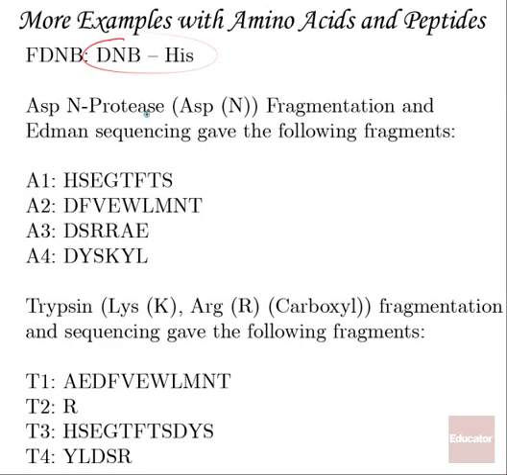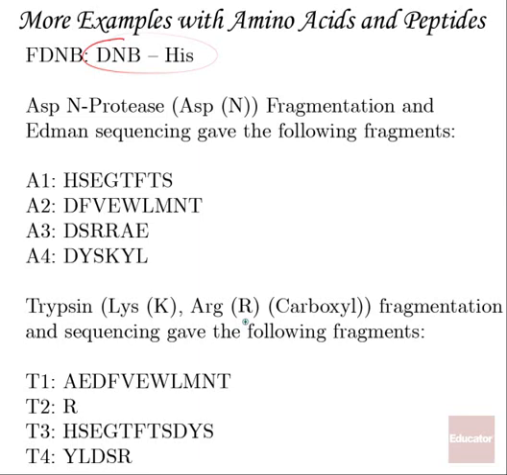And then we took an intact protein and subjected it to a second fragmentation procedure with trypsin. Now trypsin cuts at the lysine and arginine residues, and it cuts on the carboxyl side, to the right of them. So in any particular fragment, you're going to end up having an arginine or a lysine at the end.